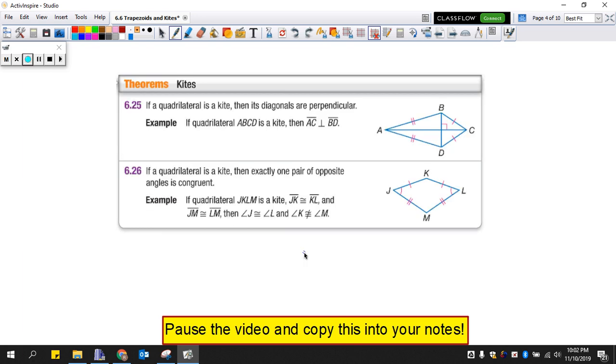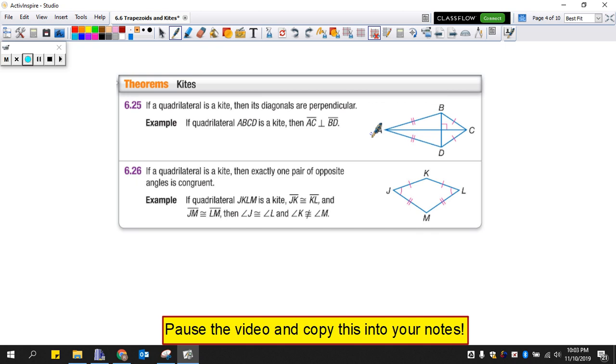One last set of notes you need to copy down before we start on the examples is two theorems about kites. If a quadrilateral is a kite, then its diagonals are perpendicular. Remember that in the last lesson we talked about rhombi, and we said their diagonals were perpendicular.